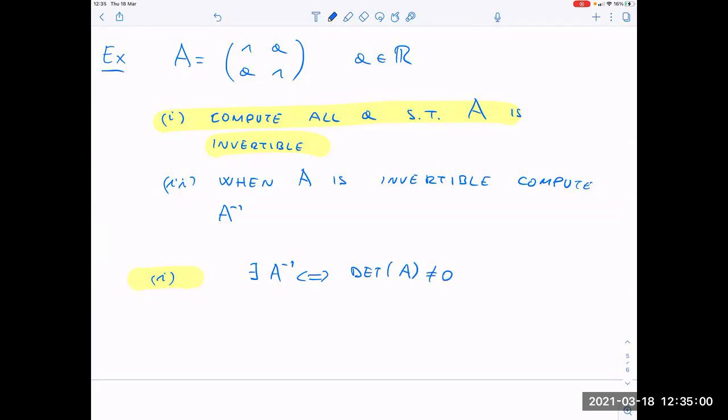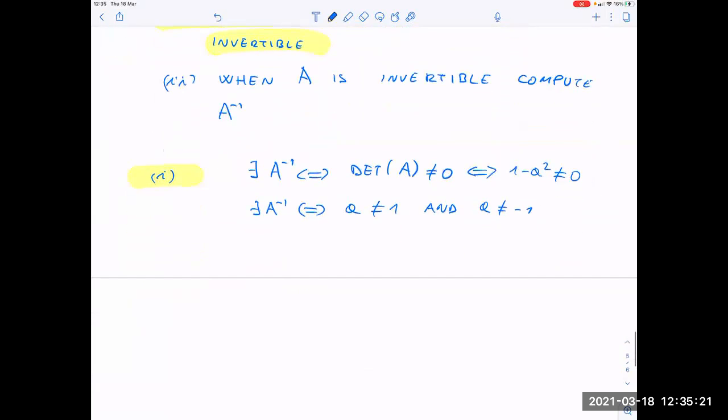This is what we learned last lecture. And this is 1 minus a squared, which must be different from 0. So you can find the inverse if and only if a is different from 1 and a is different from minus 1.